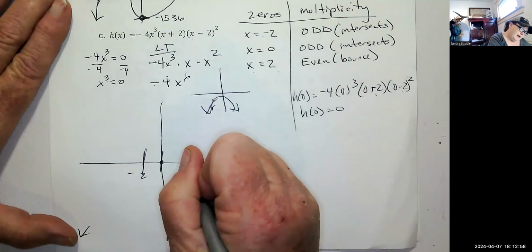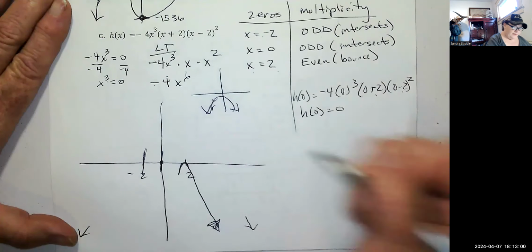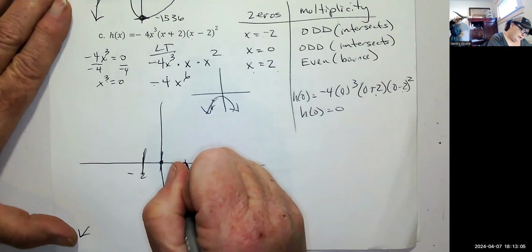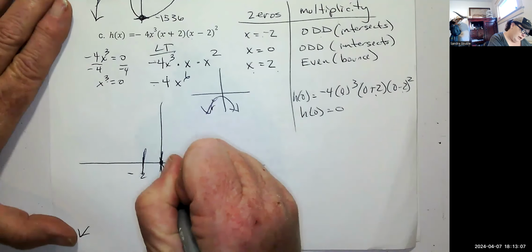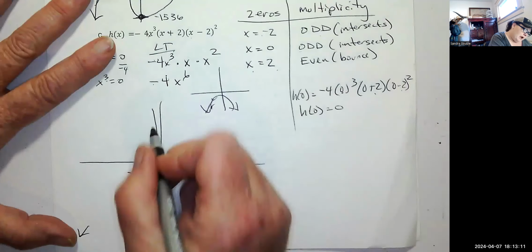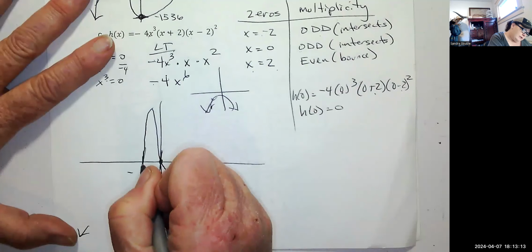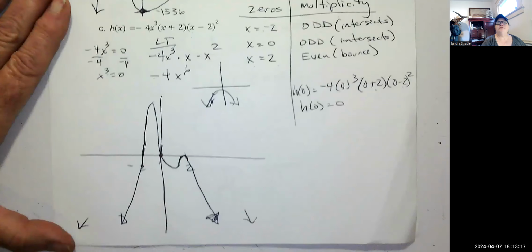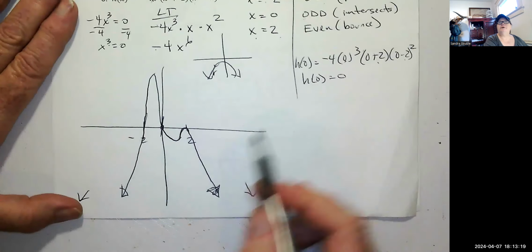So it has to bounce like that. All right. And then it's going to have to do some kind of a wiggly thing to go up and go through here, because it's odd at 0. And then it's odd at -2. So something like that is the behavior that's happening here.